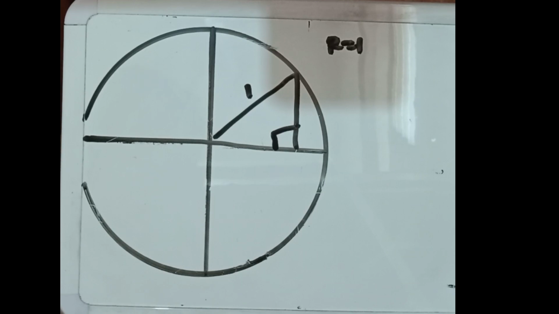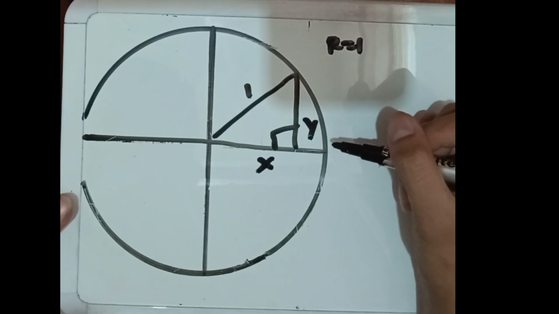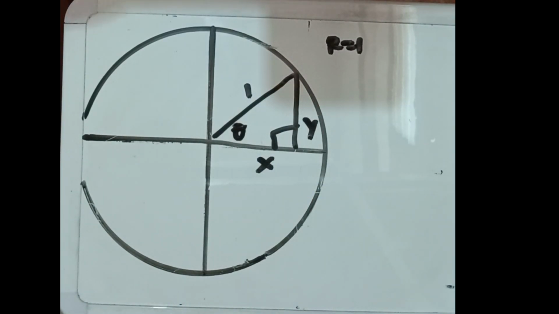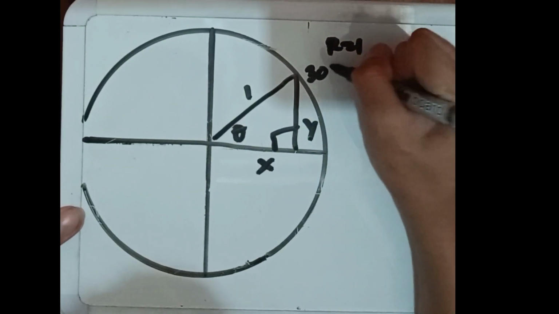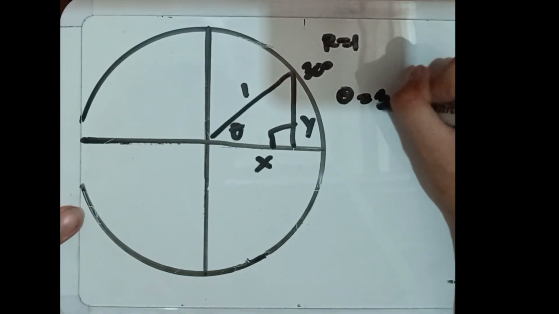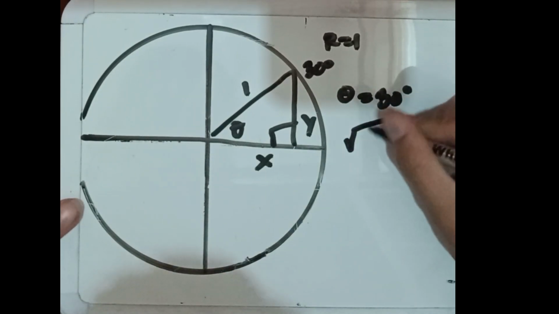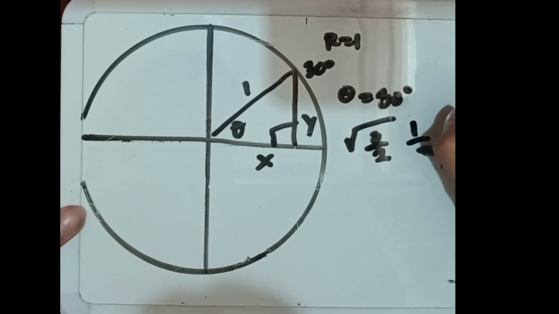Now, this is x and y, and inside we have the angle theta. So let's say theta equals 30 degrees. That corresponds to a point where the value of x is square root of 3 over 2 and the value of y is 1 over 2.